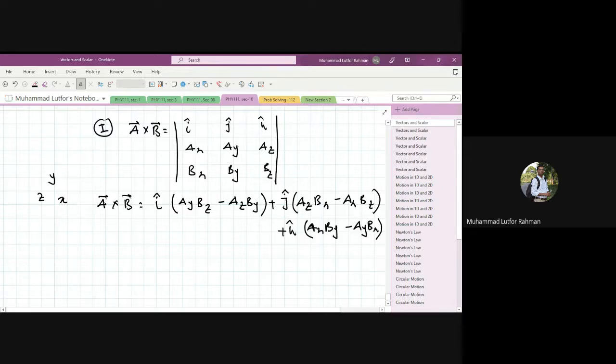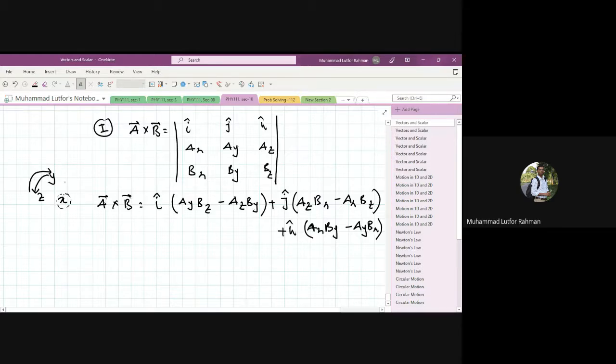To find the x component, I start from y: the y component of the first vector times the z component of the second, ay bz minus az by.